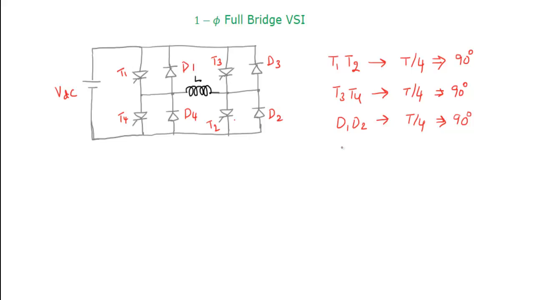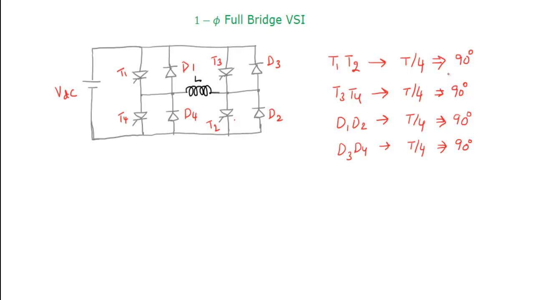Likewise, the other two diodes, D3, D4, will be in conduction for T by 4 seconds, for positive voltage, negative current, 90 degrees. So that's the meaning. All the diodes and thyristors are in conduction for 90 degrees. That means equal conduction. Because of this, the average power flow will be 0.